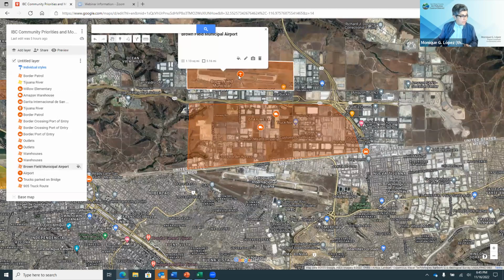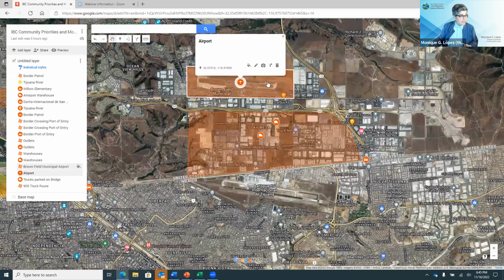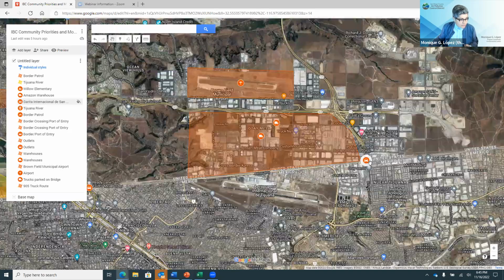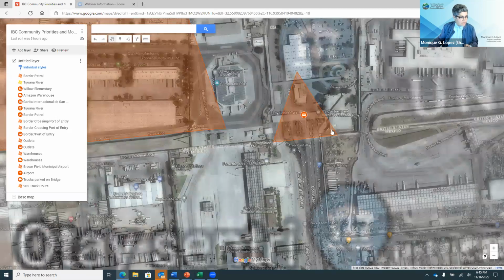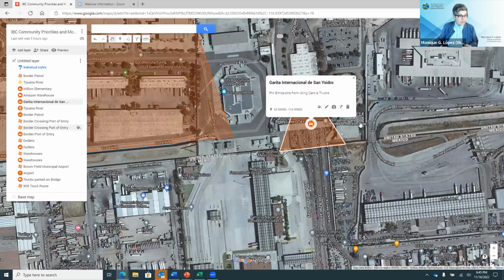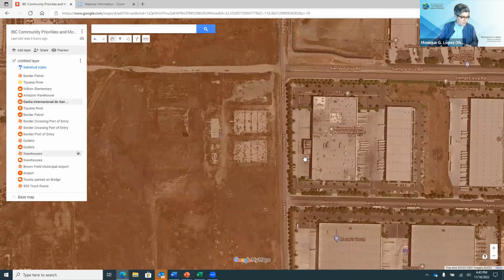And then also the Brownfield Municipal Airport here, how is that impacting communities around? And then one of the last sites, this particular port of entry, the idling cars and trucks coming in and out.